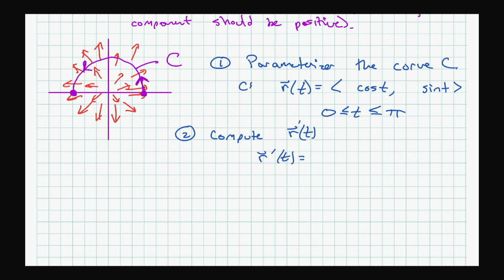So r prime of t is just the derivative of this one right here, so it's negative sine t, comma, cosine t.